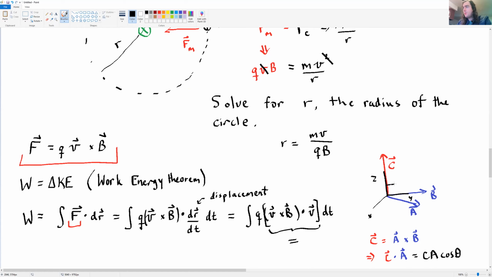Okay, but the angle between the vector C and A is 90 degrees. And so the cosine of 90 is 0.